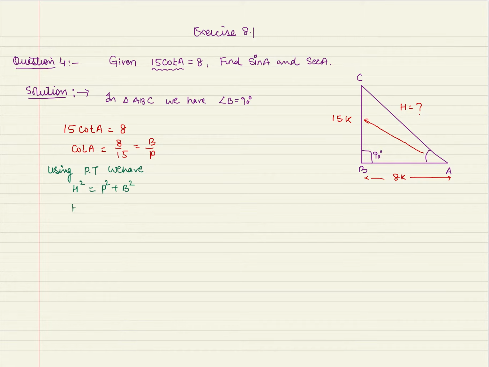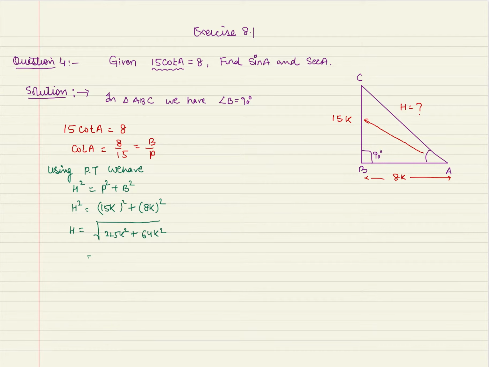So hypotenuse square is equal to perpendicular square means 15K square plus base square 8K square. So this is H is equal to under root 225 K square plus 64 K square.